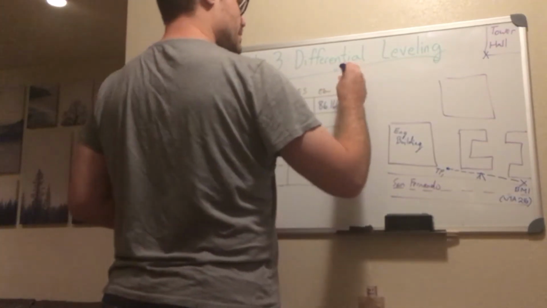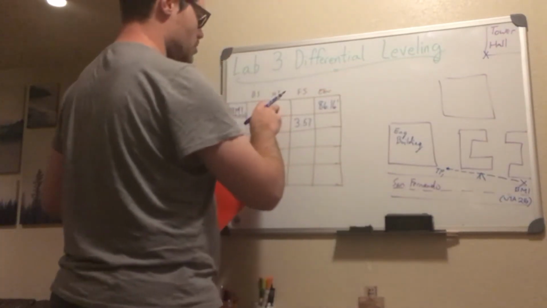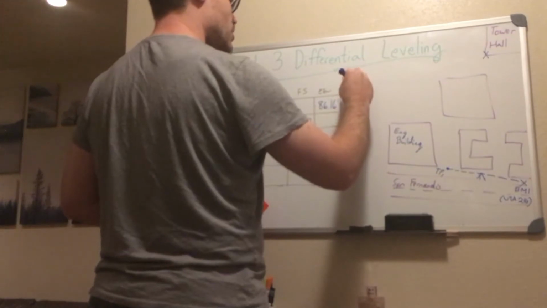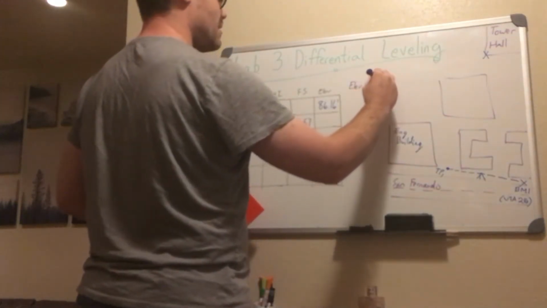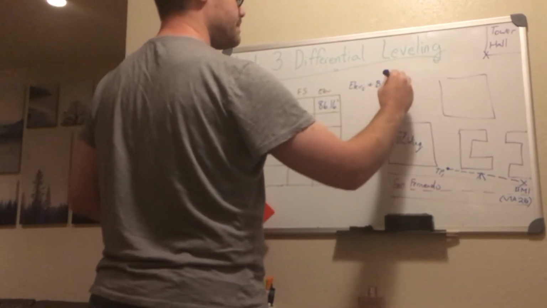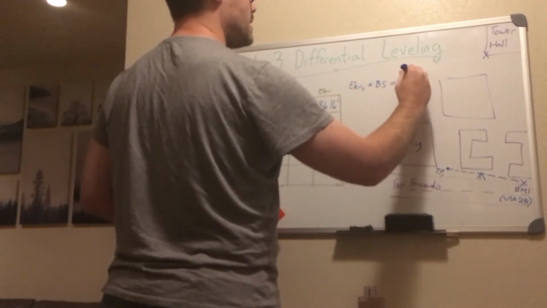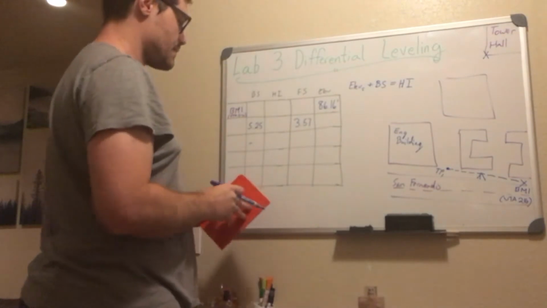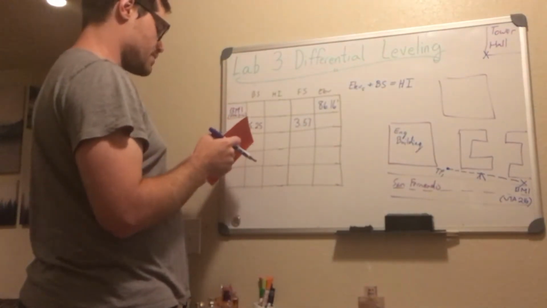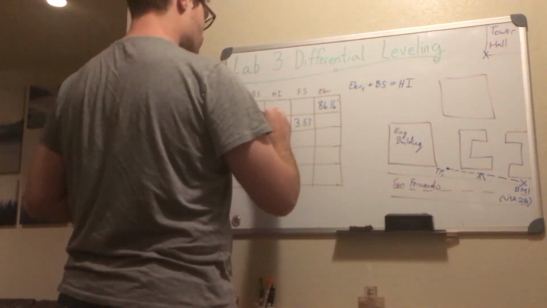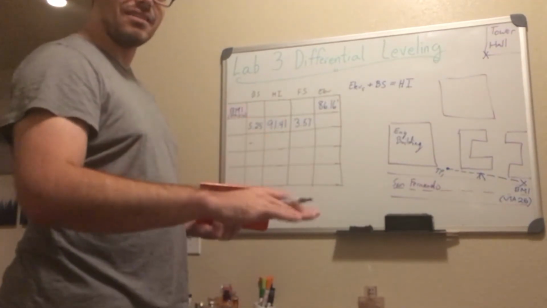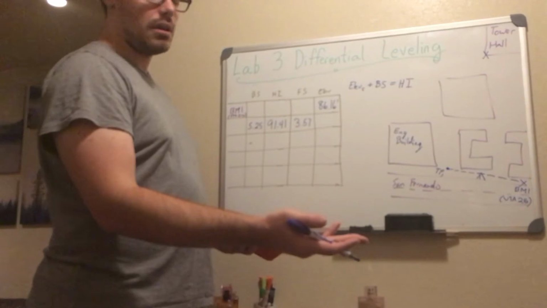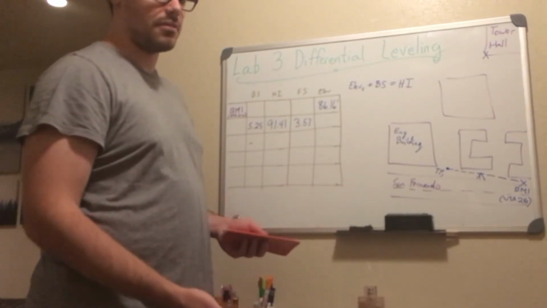We know, if you hopefully learned in lecture so far, that if you take an elevation starting, I'll use S for start, and you add the backsight height, that will give you the height of your instrument. Okay? So here, 86.16 plus 5.25 comes out to 91.41 feet. So the height of my auto level is 91.41 feet above sea level.